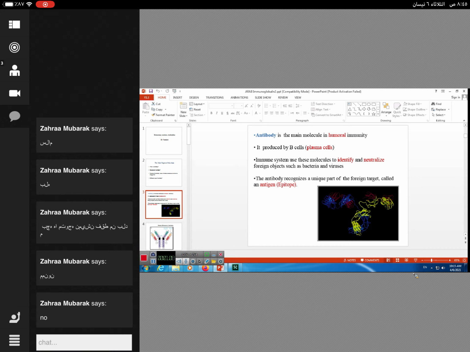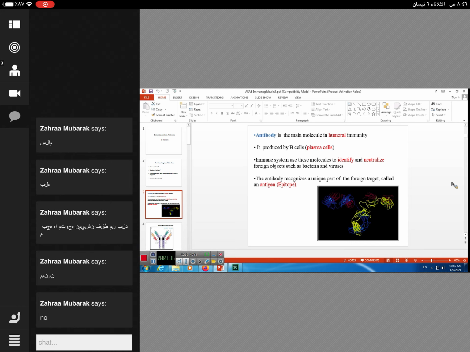Antibody is produced by activated B cells or plasma cells. The immune system uses this molecule to identify and neutralize foreign subjects such as bacteria and viruses or other chemical antigens.